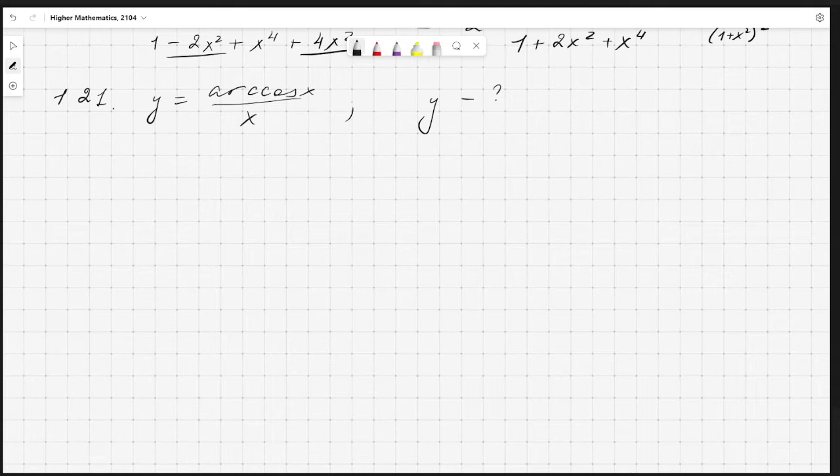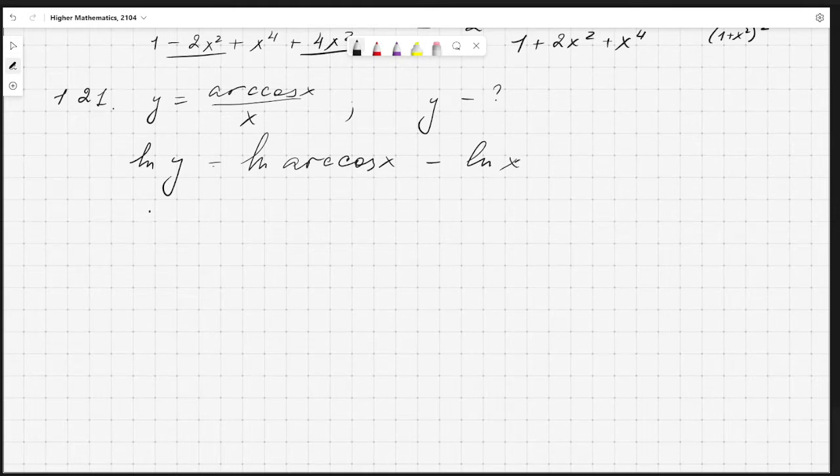For verity I use the logarithmic differentiation. Find logarithm of y is logarithm of arccosine of x minus logarithm of x.